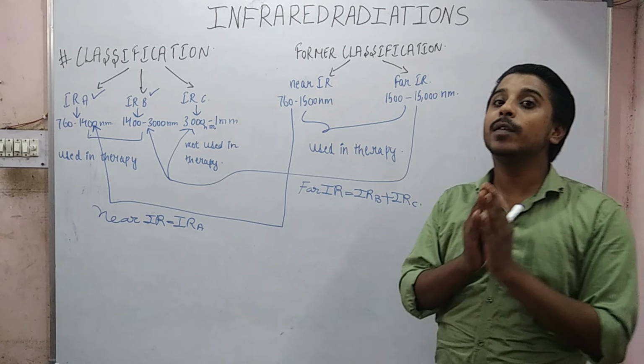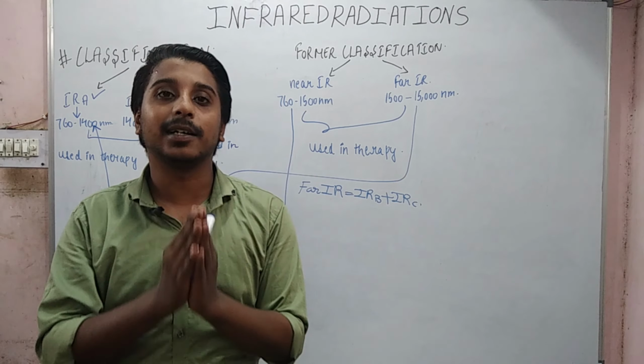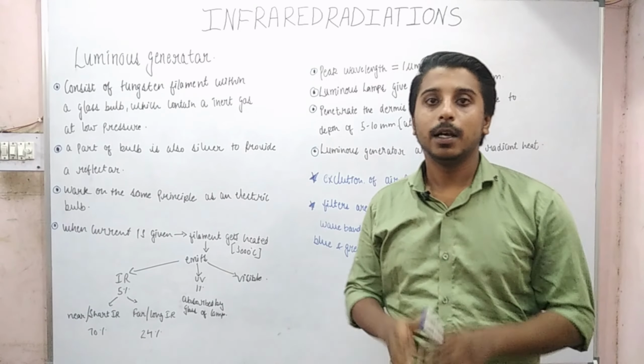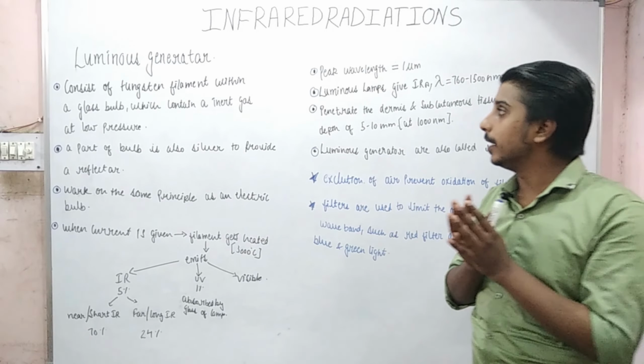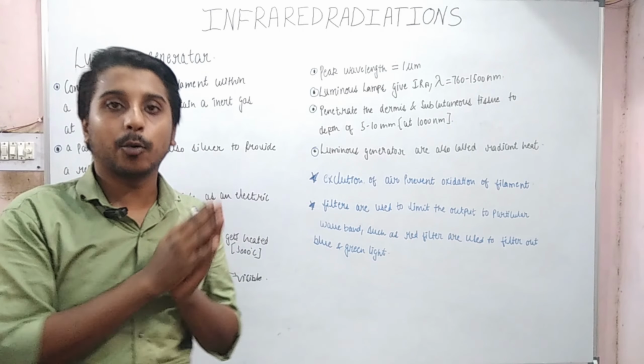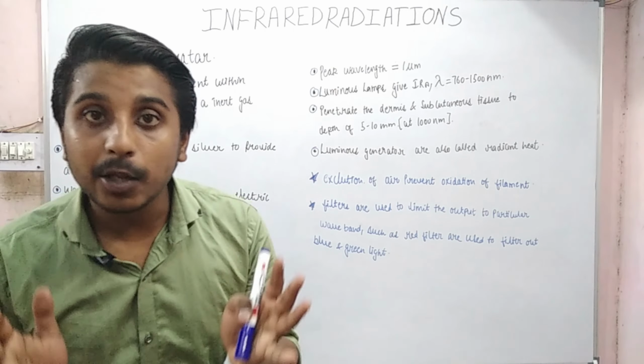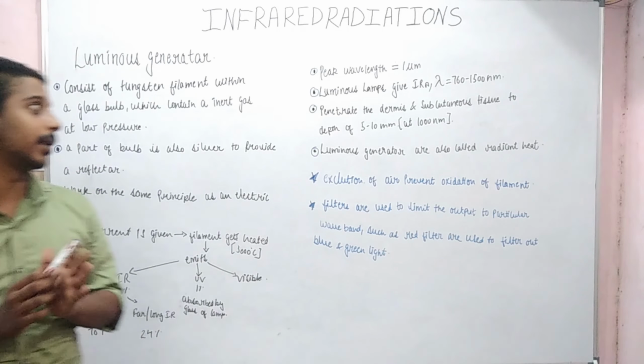Now first of all we will study the luminous and non-luminous generators. Now we will study the luminous generator of IR. There are two types of generators for IR radiation, luminous and non-luminous generators.